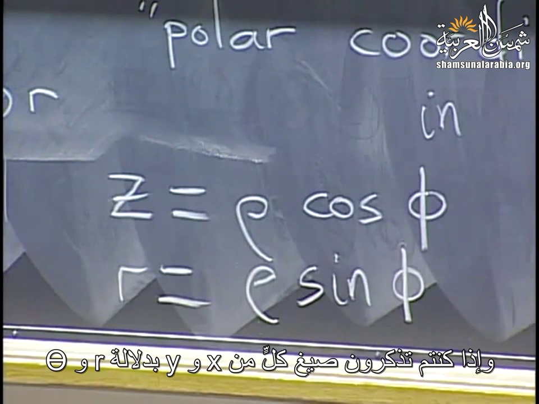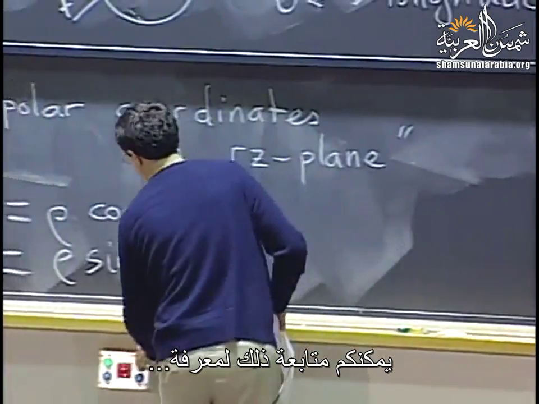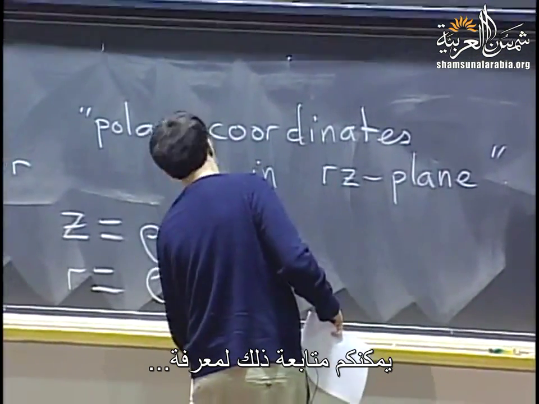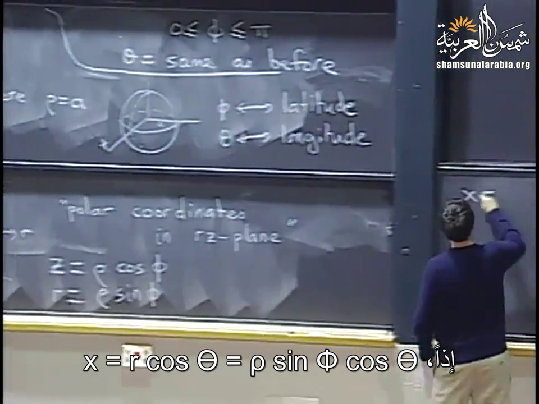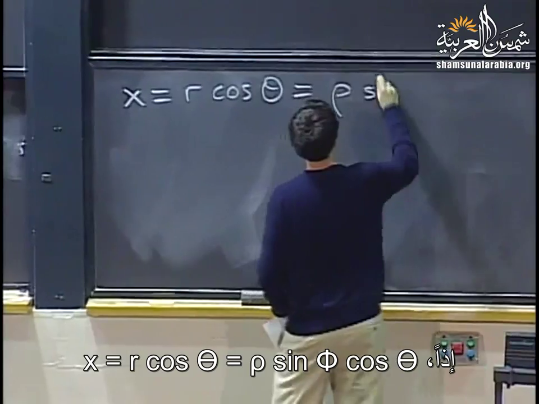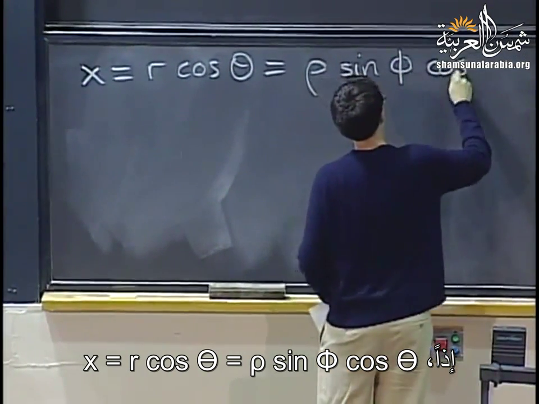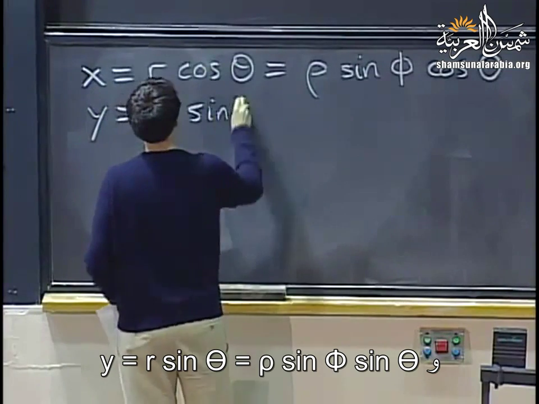And of course, if you remember what x and y were in terms of r and theta, you can also keep doing this to figure out... So x is r cos theta. That becomes rho sine phi cos theta. y is r sine theta.